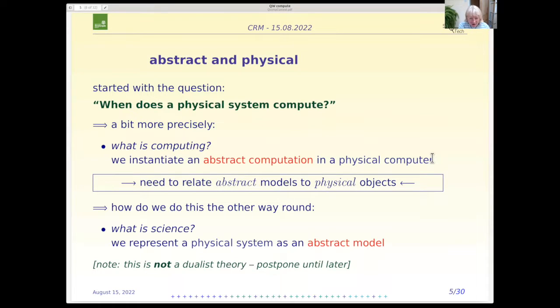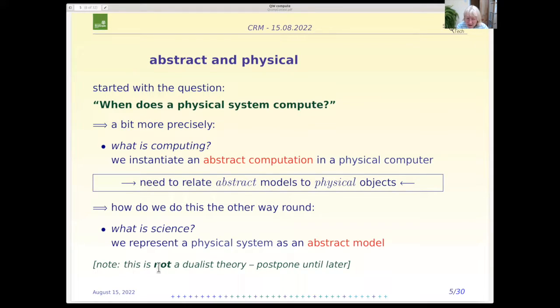And it's a little easier to see what's going on if we start on this the other way around and ask, what is science? Because there, we're representing our physical system as an abstract model. But here we're interested in developing the model and making it relate to the physical system well, rather than just using a computer to do some of our computation for us.